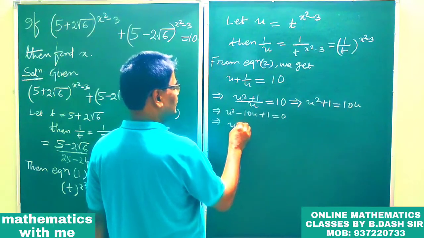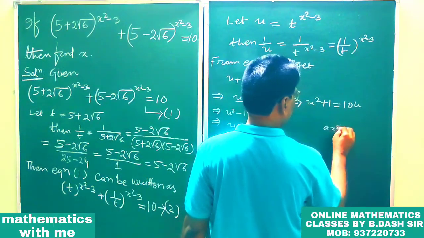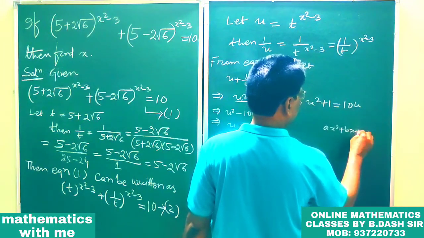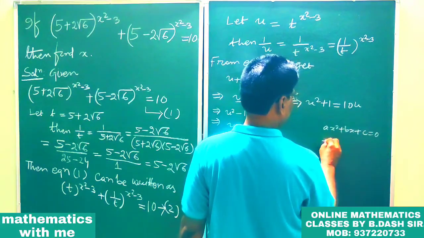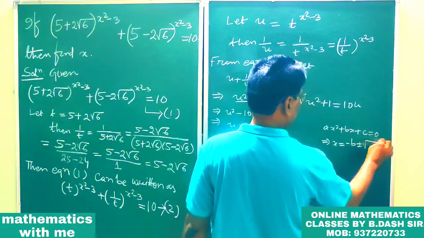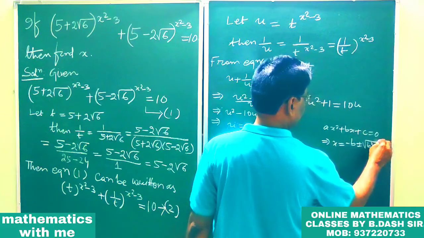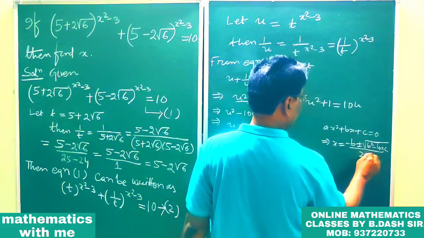This implies u is equal to, for the quadratic equation a x square plus b x plus c is equal to 0, x is equal to minus b plus minus root over of b square minus 4ac by 2a.